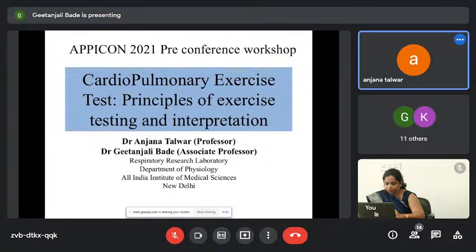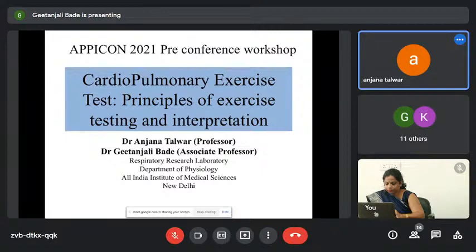The different clinical tests available, shown here, are the 6-minute walk test, incremental shuttle walking test, endurance shuttle walking test, 12-minute walking test, and cardiopulmonary exercise testing.